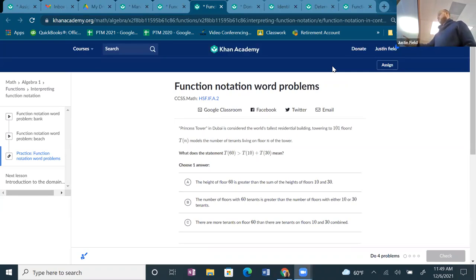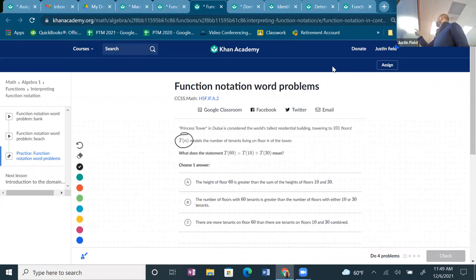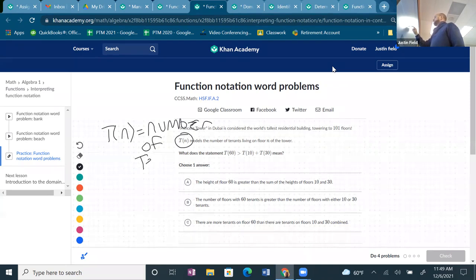T of n is what? T of n is the number of tenants living on the floor. It's talking about an amount of people. And what is n?